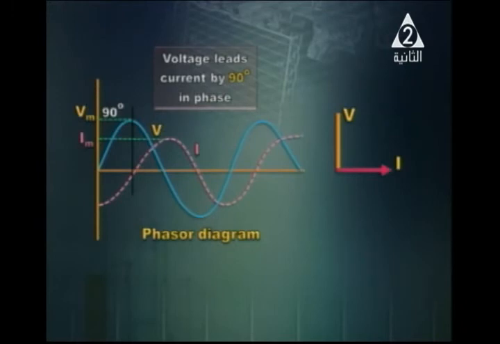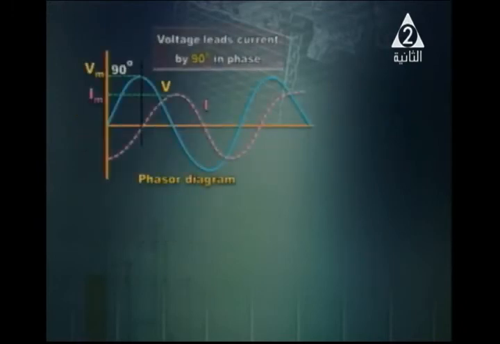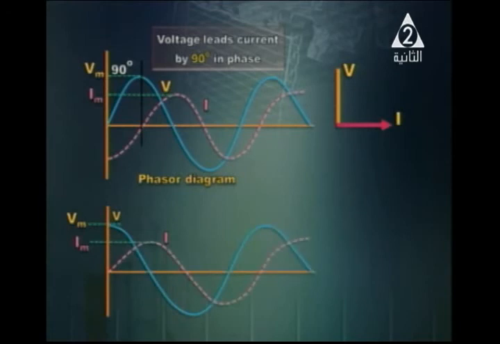And now we'll try to obtain the quantity that represents the opposition to the flow of the current. Voltage leads the current by 90 degrees. So we want an expression that gives the opposition.